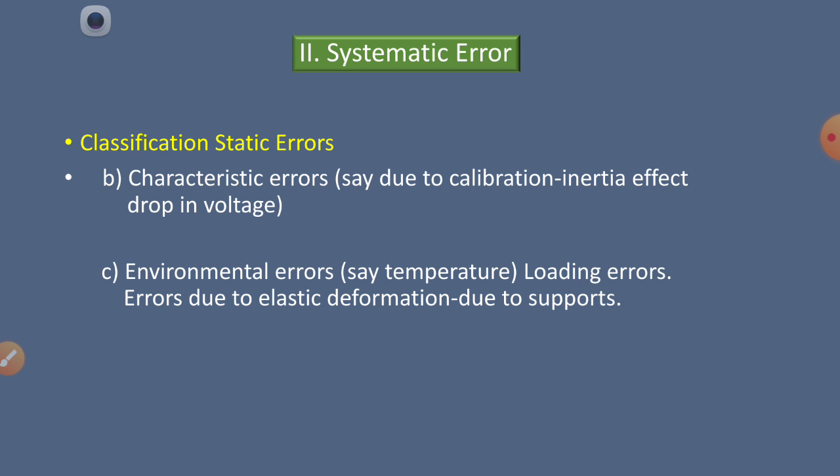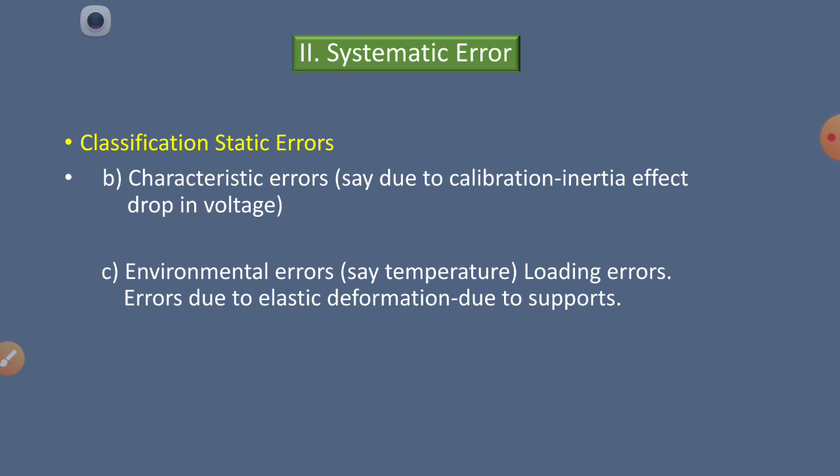Now the classification of the static errors and characteristic errors: due to calibration and inertia effect, drop in voltage; and environmental error, say temperature, loading errors, error due to elastic deformation due to the support of springs or some materials.